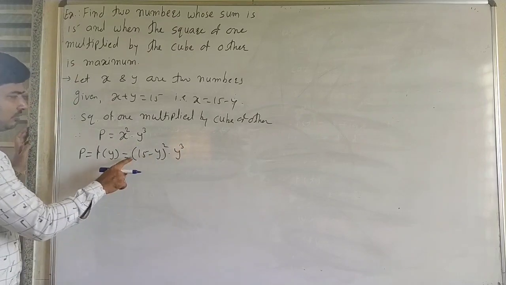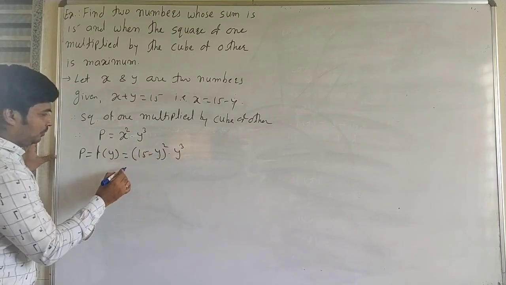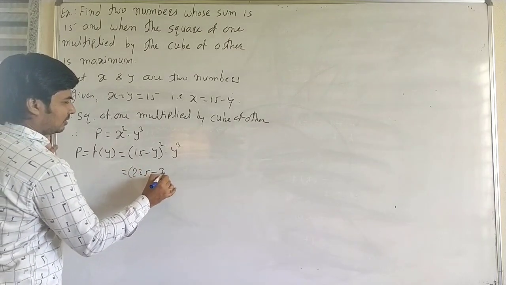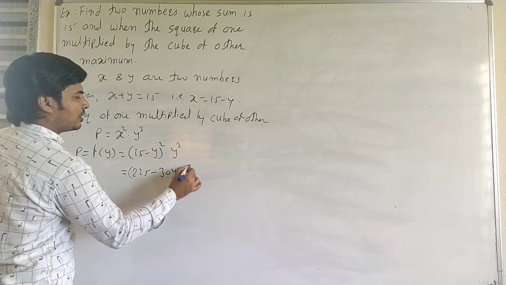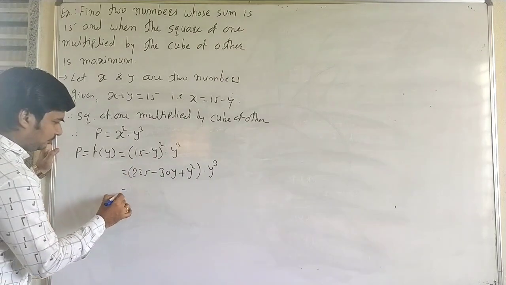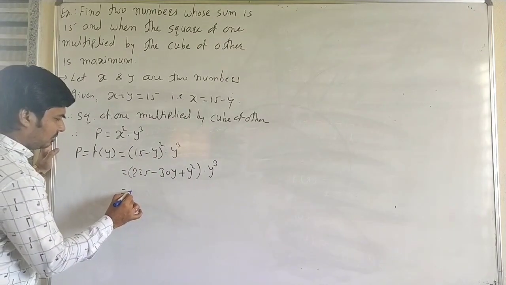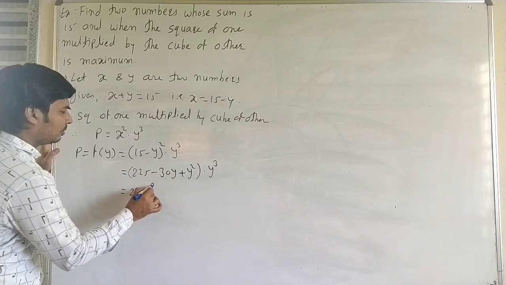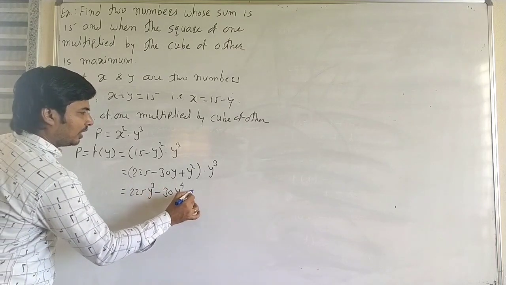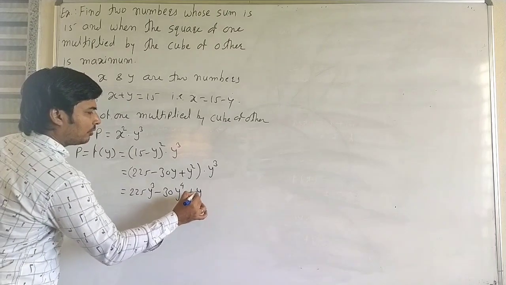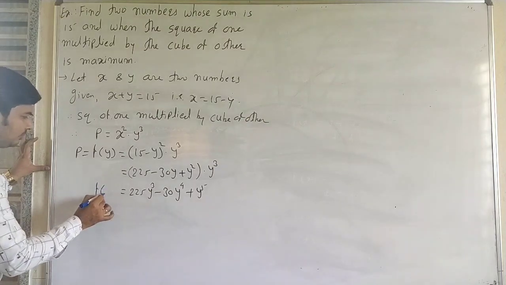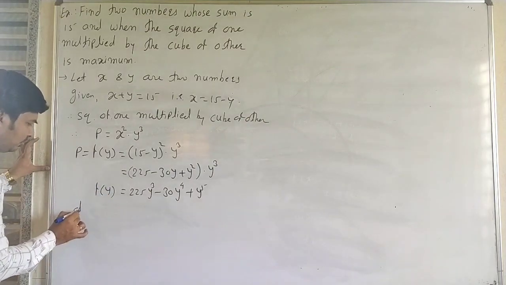Take the square: 225 minus 30y plus y square, into y cube. Then it is 225y cube minus 30y to the power 4 plus y to the power 5. Then it is the value of f of y. Then differentiate with respect to y.